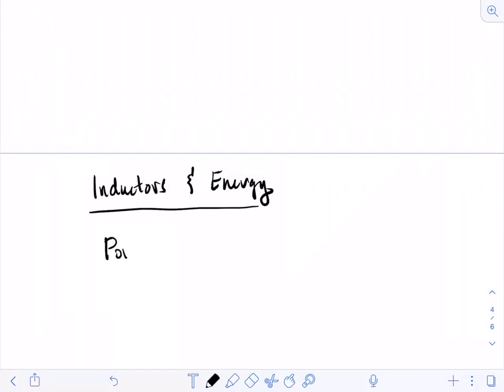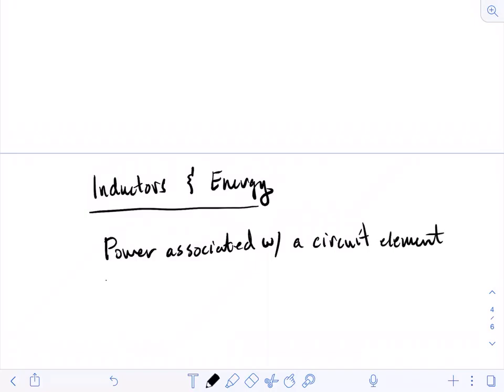So the power associated with a circuit element, whether it's a resistor, a capacitor, a battery, or an inductor, is P is I times the voltage difference.